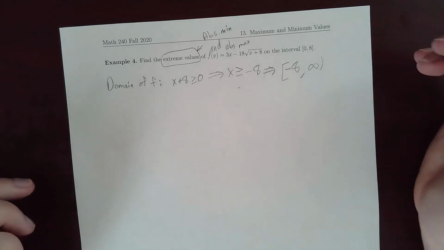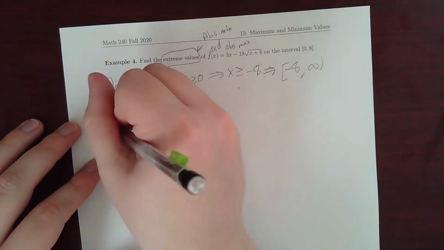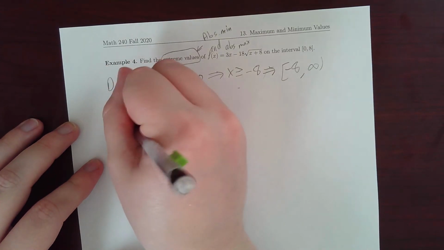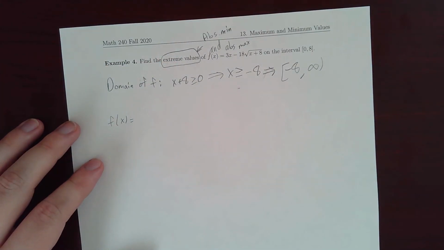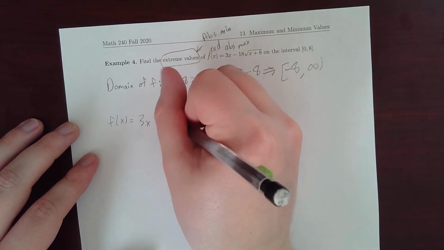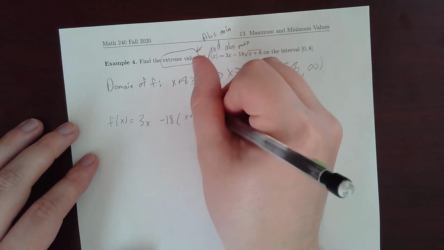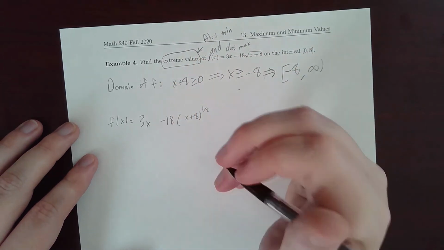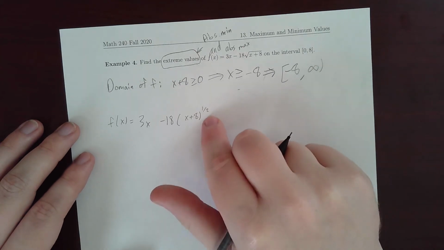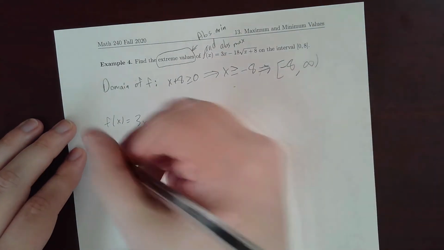So now we want to go ahead and find our derivative. So again, if we think of this as being 3x minus 18 times (x plus 8) to the 1/2, what one could do is use the chain rule on this to get what the derivative will end up being.